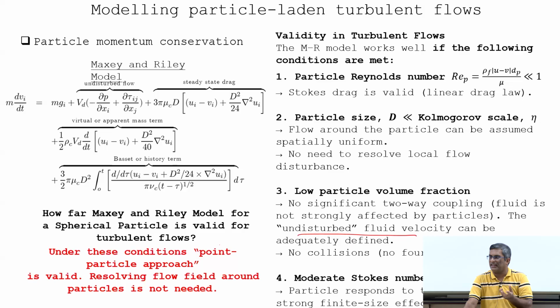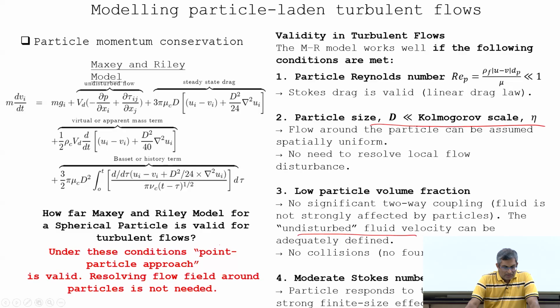This is not reality. But to simplify the situation, we assume this. So if the particle size is much smaller than the Kolmogorov scale, then we have the point particle approach valid. And why is this advantageous? Because we don't have to resolve the flow field around particles.